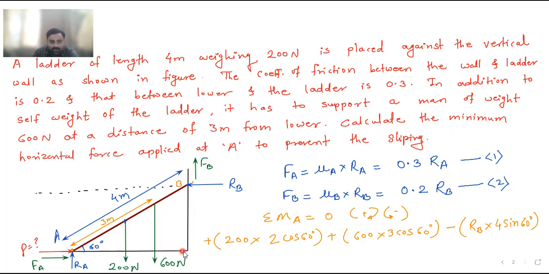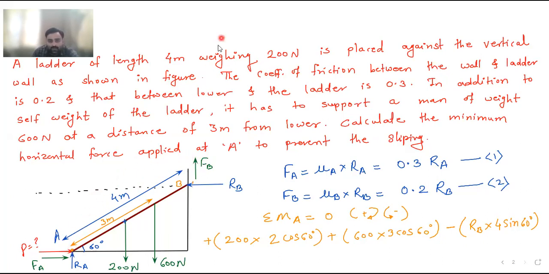So this total distance will be the lever arm or perpendicular distance of this FB. And again, FB is moving up. So if you rotate the FB about the point A, it will rotate in anti-clockwise direction.